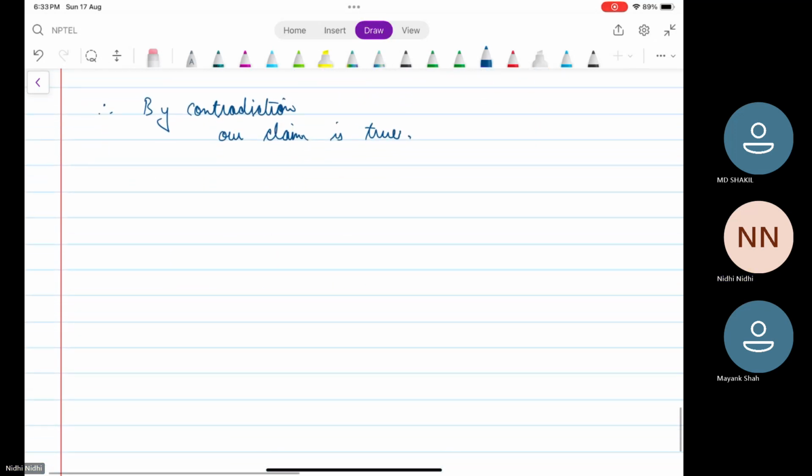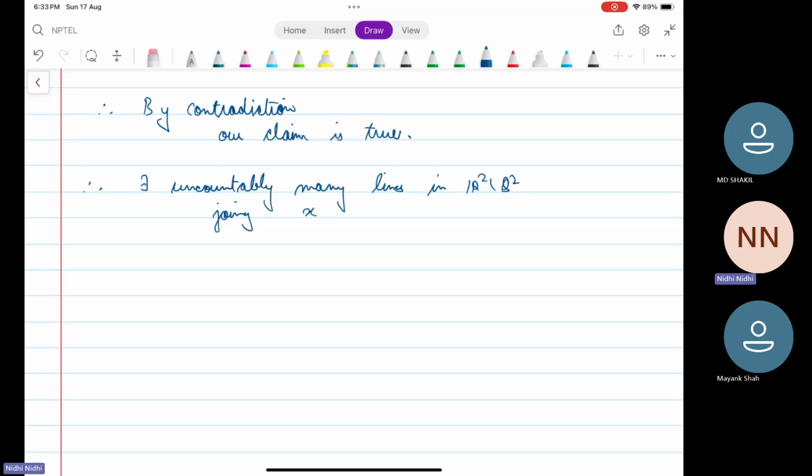Therefore, there exist uncountably many lines in R2 minus Q2 joining x and points in C1, and y and points in C2.